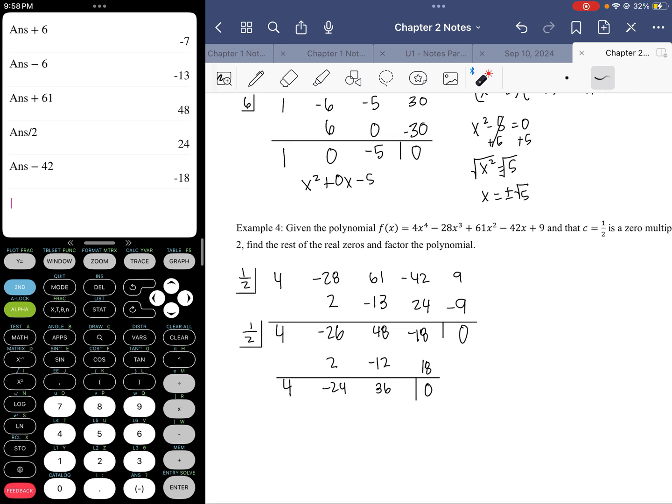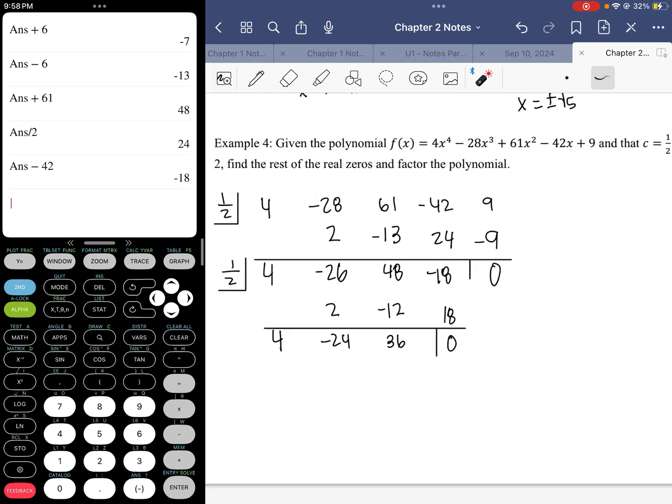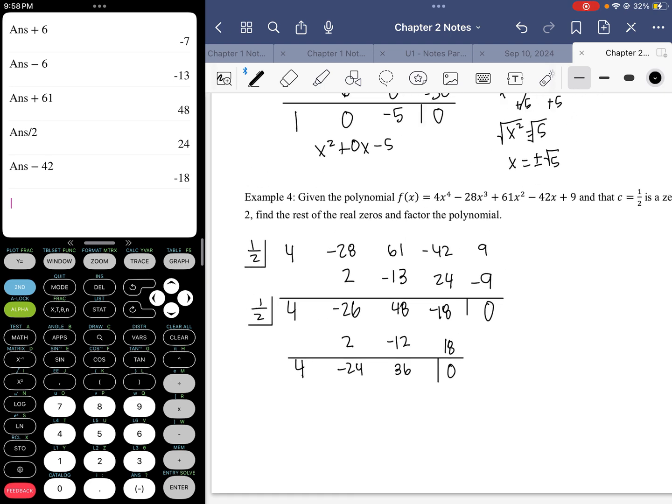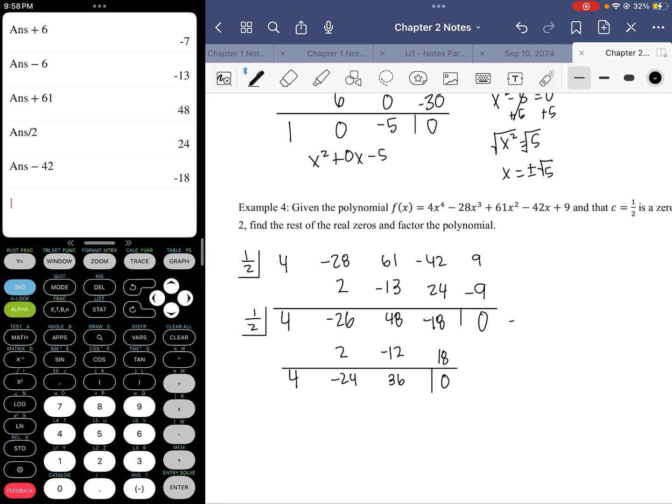The reason that it's useful, though, is that now we can say, okay, well, this was the equivalent of 4x to the third minus 26x squared plus 48x minus 18. This one is equivalent to 4x squared minus 24x plus 36.